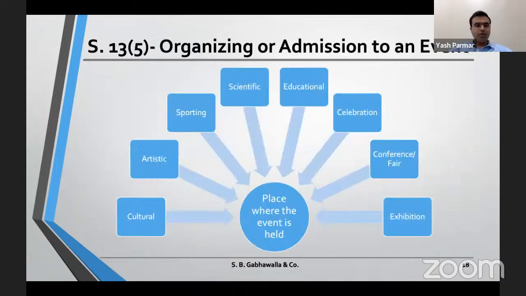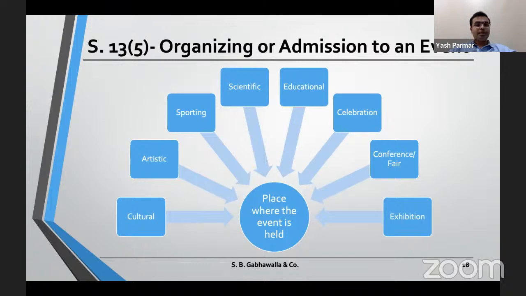Now with this background, we'll go to the next subsection, subsection 5, which states that the place of supply of services supplied by way of admission to, or organization of, a cultural, artistic, sporting, scientific, educational or entertainment event, or a celebration, conference, fair, exhibition or similar events, and of services ancillary to such admission or organization, shall be the place where the event is actually held.